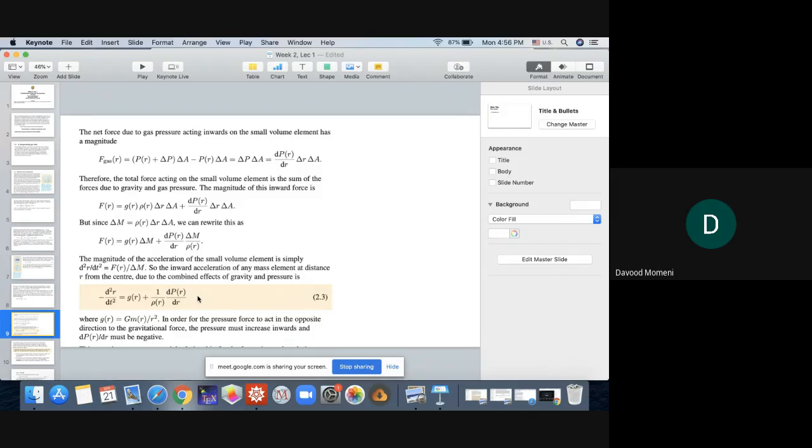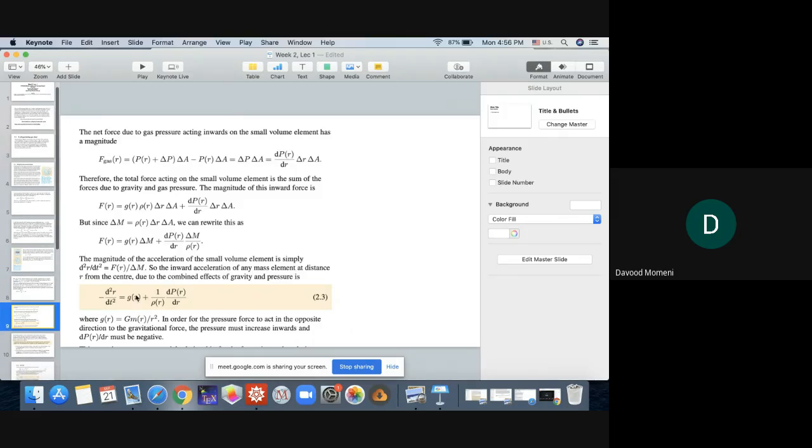This is a very important equation, and if you tell me the pressure profile and density, I can integrate this equation for you. Of course, we will see two examples now. One example is when G is 0, and the other is when density is constant.